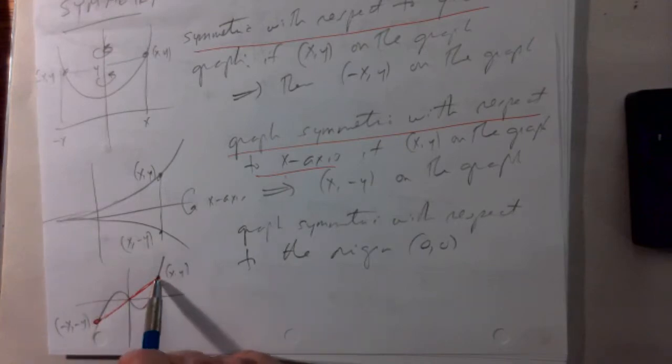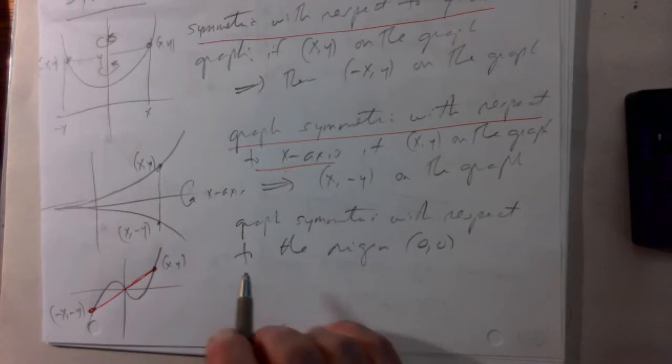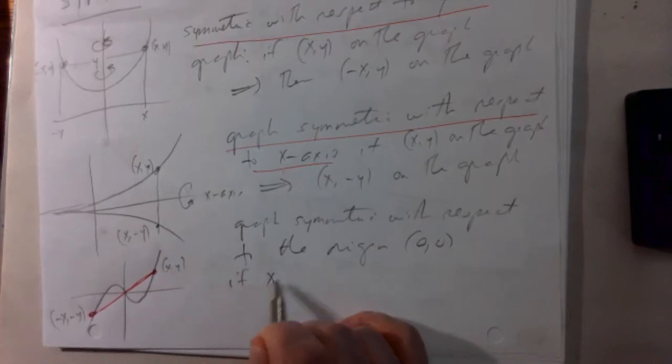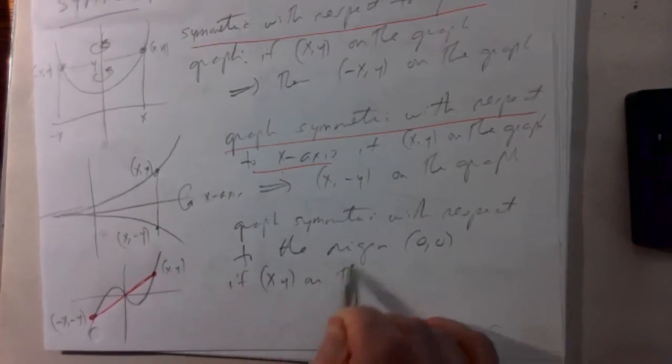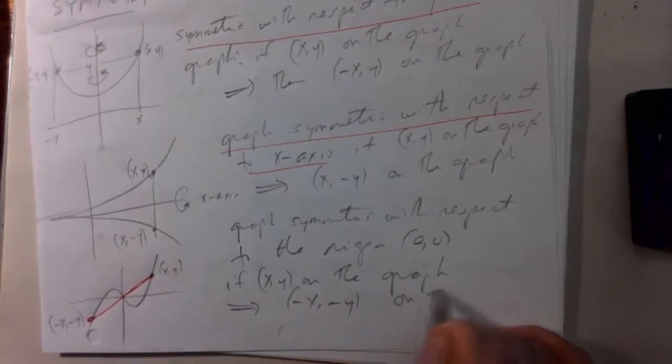If you reflect through the origin, so you take every point x, y and send it to the point minus x, minus y, you're back on the graph. So the graph is symmetric with respect to the origin if x, y on the graph implies minus x, minus y is also on the graph.